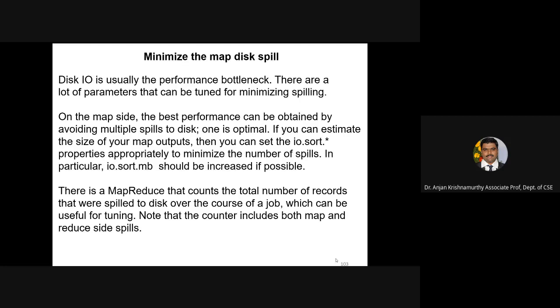So again, the total number of records that will be spilled onto the disk over a particular job is to be tuned, and this depends on the number of map jobs, the number of reduce jobs, and the number of spills that they create for this purpose. Spills are obvious, right? You cannot avoid them.